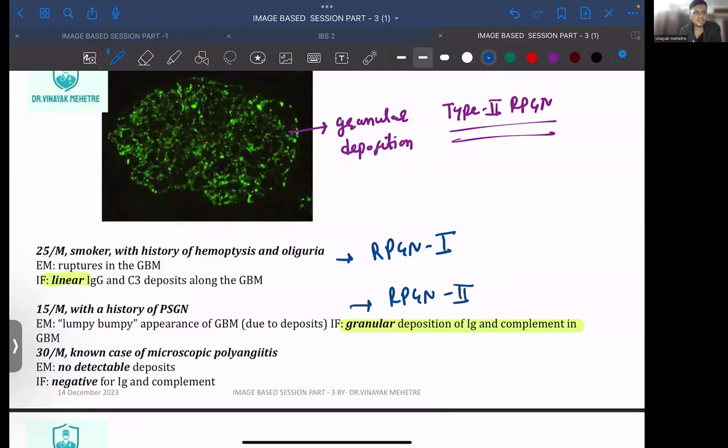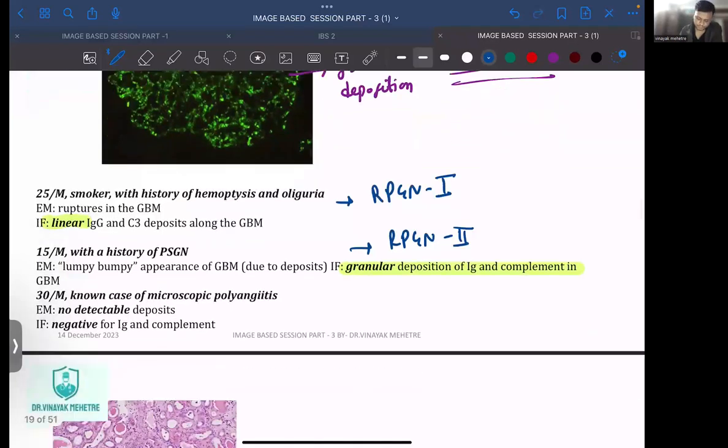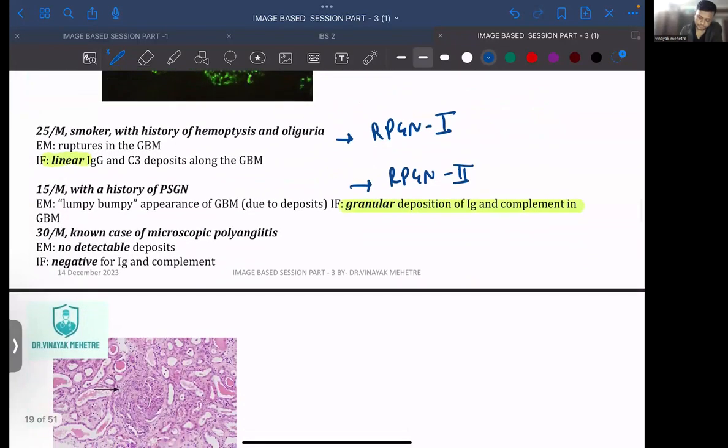And as I said, in type 3 RPGN, what are we going to see? No deposition. Okay, so it is called type 3 RPGN. Is it clear?